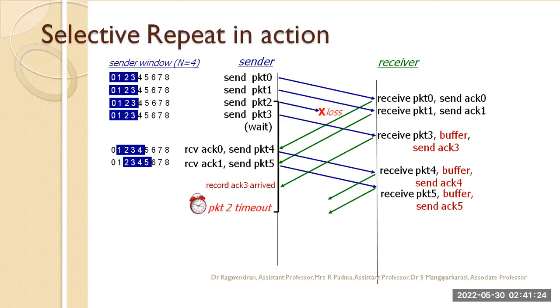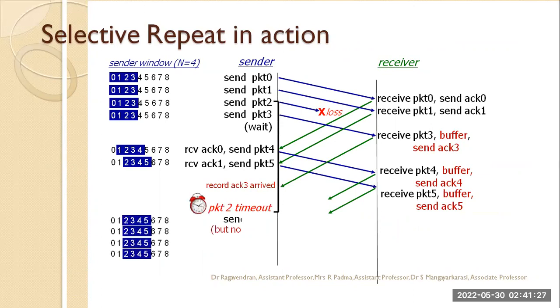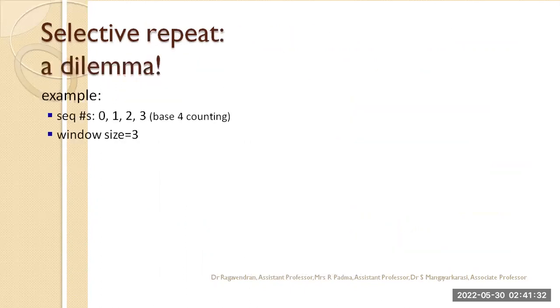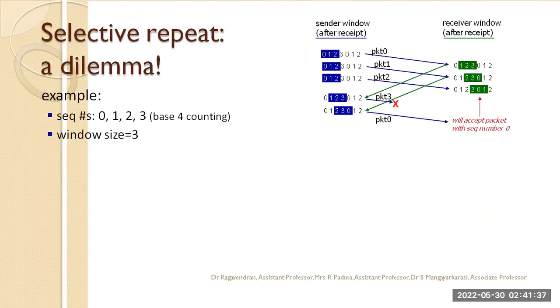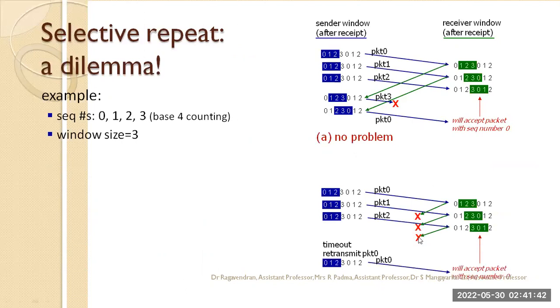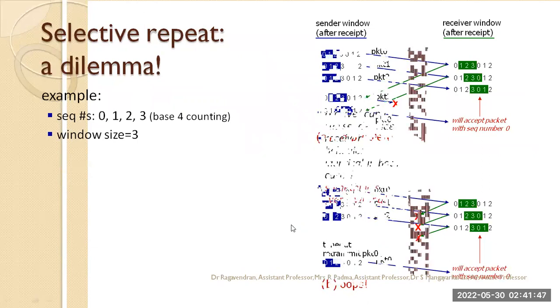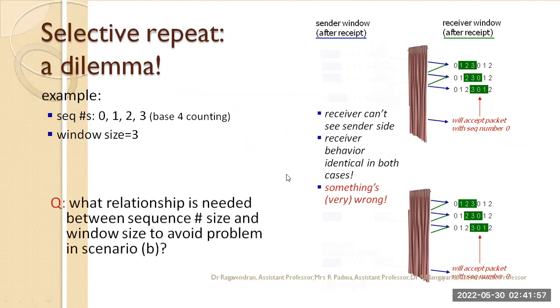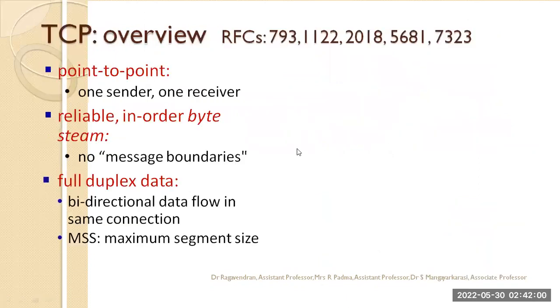On the next step, the timer for packet 2 times out, and it sends only one acknowledgement. So the selective repeat dilemma: it is accepting and acknowledging. It accepts the packet and sends the sequence number. If the receiver cannot see the sender side and behaves identically in both cases, then it is right. If it is not identical, then it is wrong.